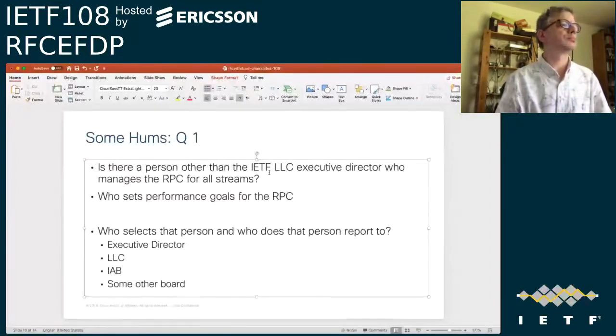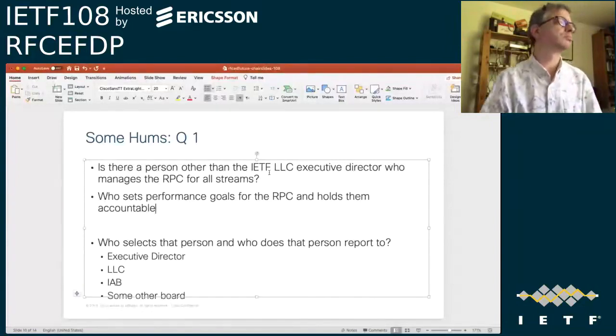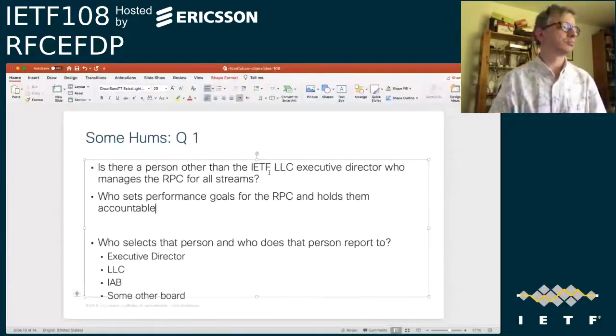Now, the relation is supposed to be today that the RSC sets those performance goals in discussion with the RSOC and whoever, and the LLC. So setting the performance goal is one thing. The next thing is that the RSC decides or makes a report regularly about whether the RPC is meeting those performance goals.